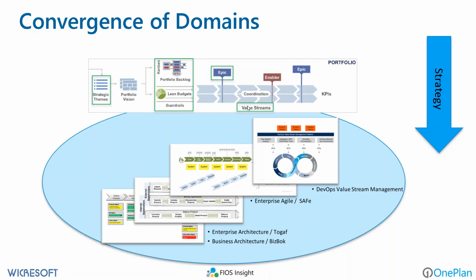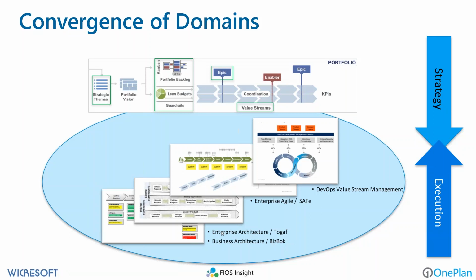What we're trying to do is really connect the strategy and execution. So execution that's occurring from our teams that are developing and delivering value through the products that are within the value streams. That's done through epics that are defined at the lean portfolio level. All of this, as you can see, is actually supported by domains that are already within the organization.